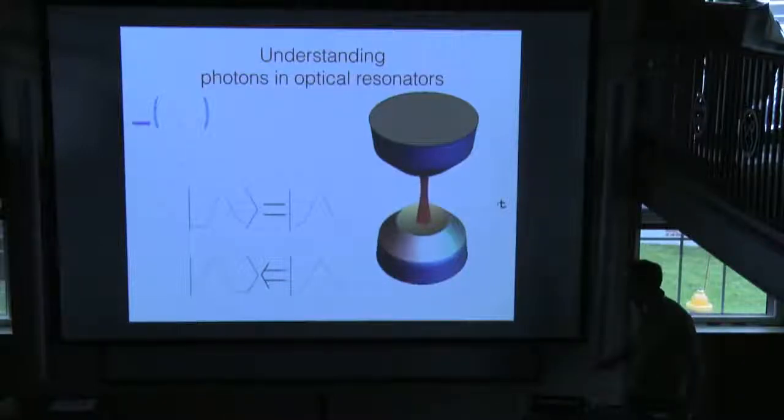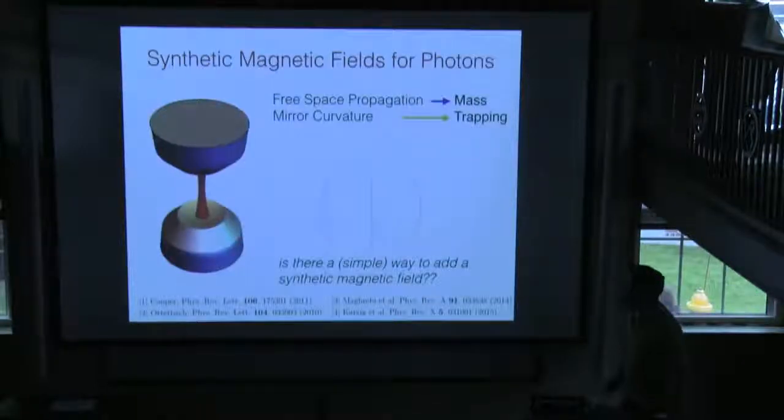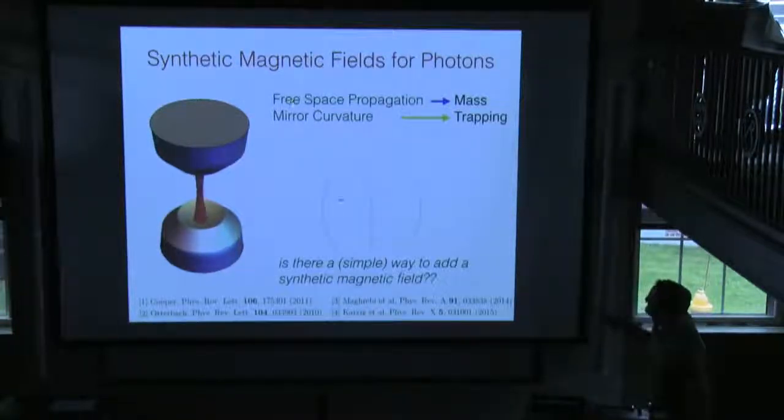Okay? Great. So there's a whole Floquet story if you want to understand that formally, but the takeaway message is that the free space propagation along the cavity axis gives your photons an effective mass, and the curvature of your mirrors provides some trapping.